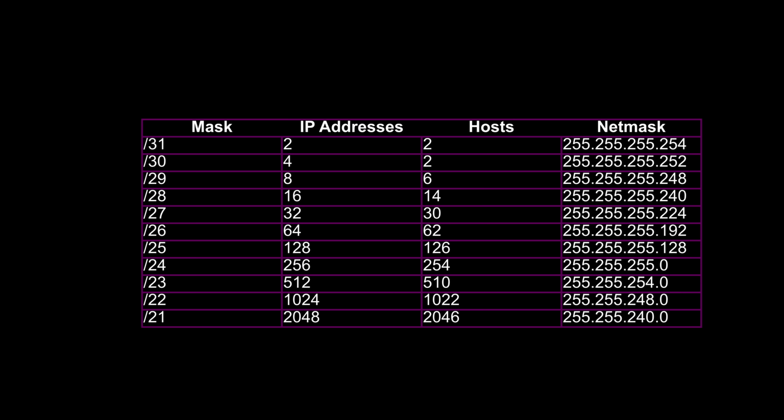So every time you go up an integer in the net mask, you're breaking the network in half. So at a 25, you have 2 128 address networks. At a 26, you have 4 64 address networks. At a 27, you have 8 32 address networks, right?